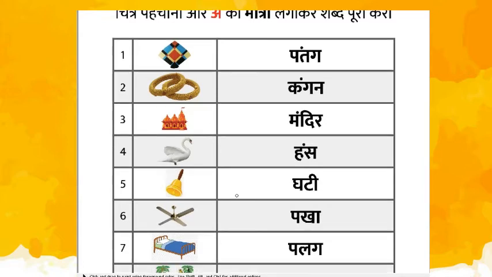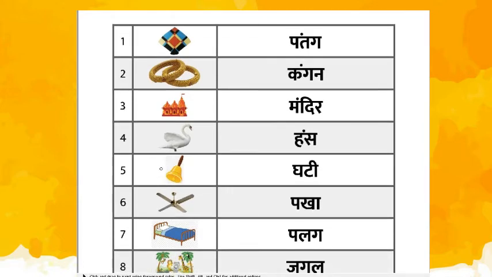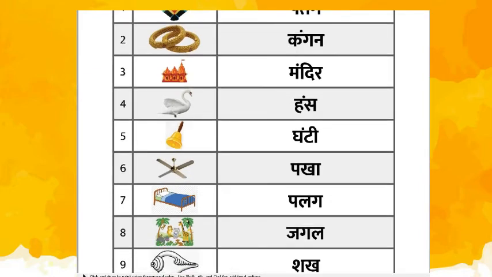Now look at the fifth picture. It is a picture of bell. We call ghanti in Hindi. So we have to keep the ki matra in between kha and thi. Ghanti. And look at the sixth picture. It is the picture of fan.